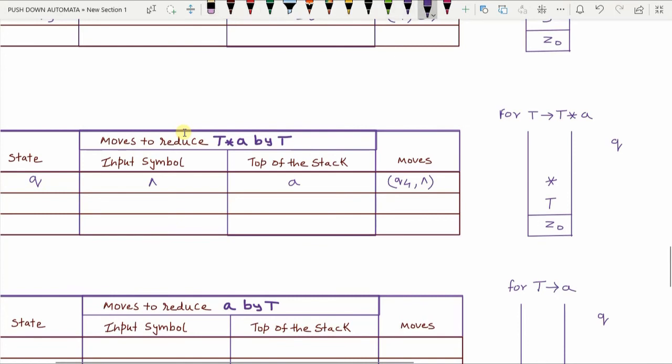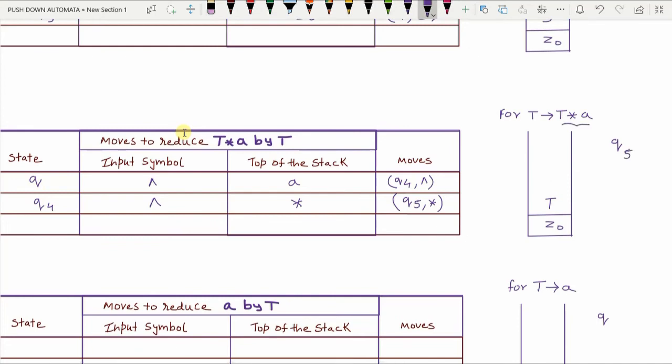Now I am in the Q4 state. Again, when nothing is read, into is on top of the stack. So I will pop this into out, and I will go to the Q5 state. So graphically, into will be popped, and my state will be Q5. So my aim was what?